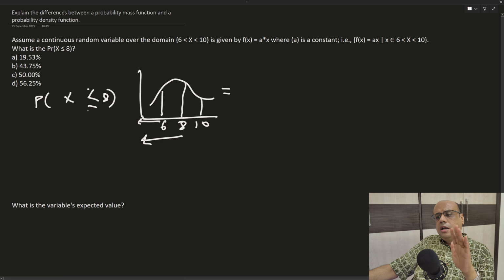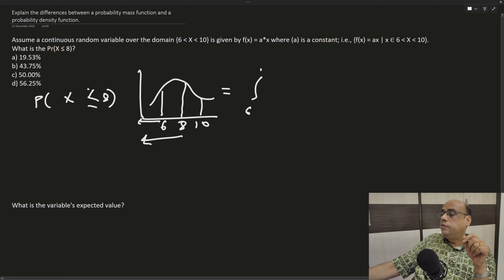We don't need to go very deep, but at least know these formulas, especially for a continuous random variable, where you have to take the help of integration. Here all we have to find out is from 6 to 8, because we have to get this area.